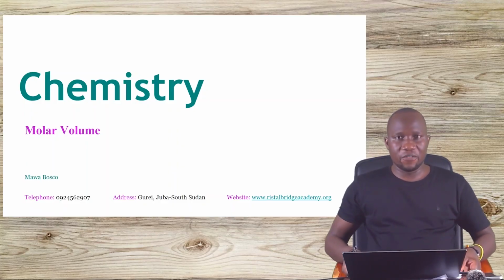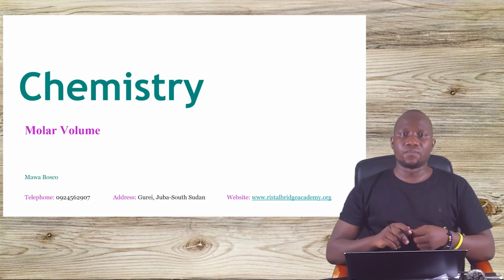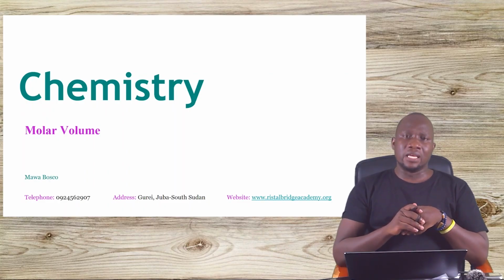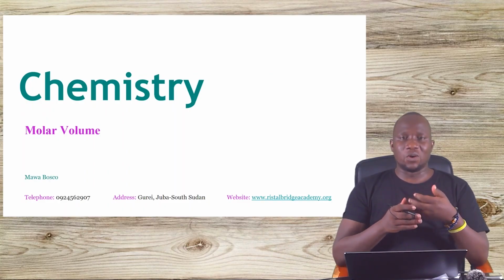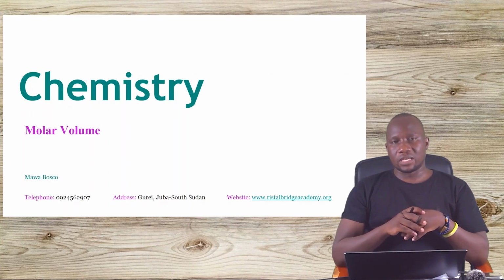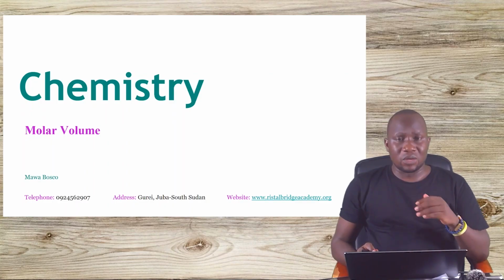Okay, so let's do some very quick calculations here about molar volume. You already know what a mole is, and we know that in 1 mole of a substance we usually have 6.022 times 10 power 23 particles, molecules, or ions, regardless of what you call them.